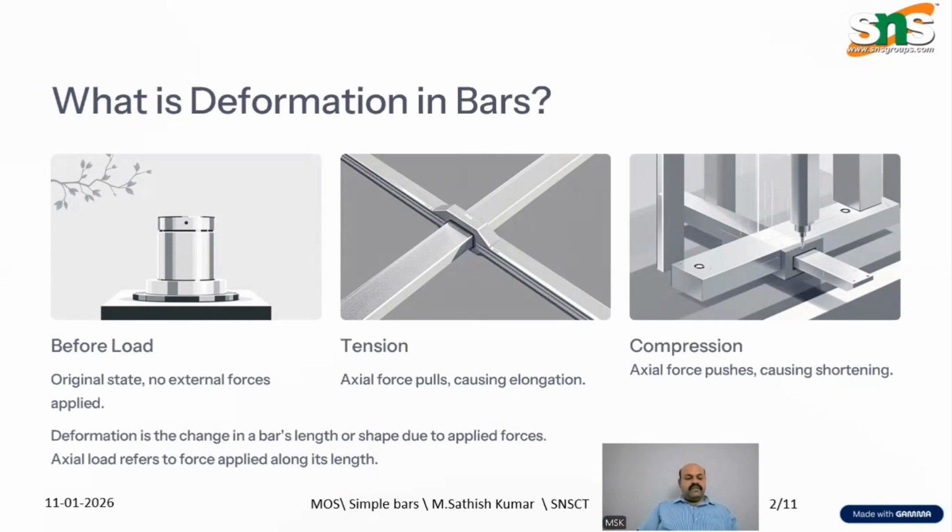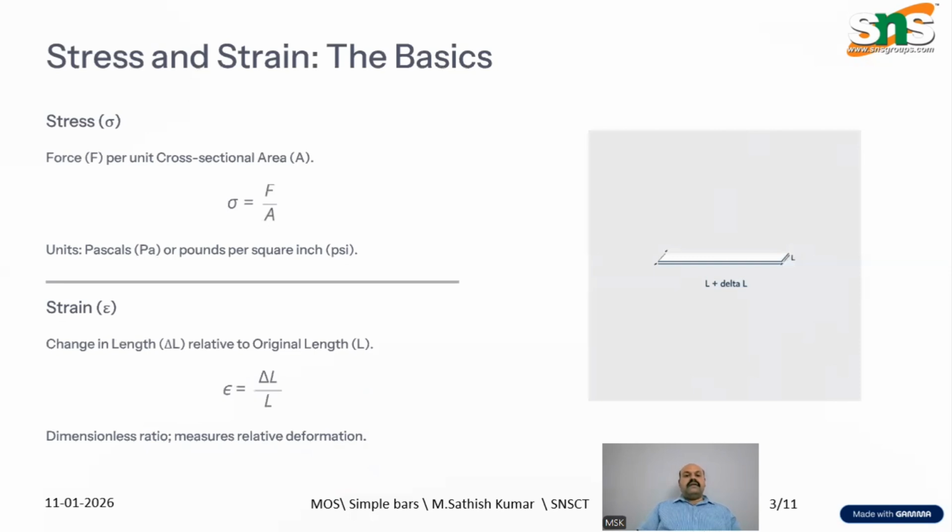So coming to the stress and strain basics, we had a definition in the last class. Stress is force per unit cross-sectional area. Suppose we have a particular bar of length L, and this exposed area is subjected to an external load.